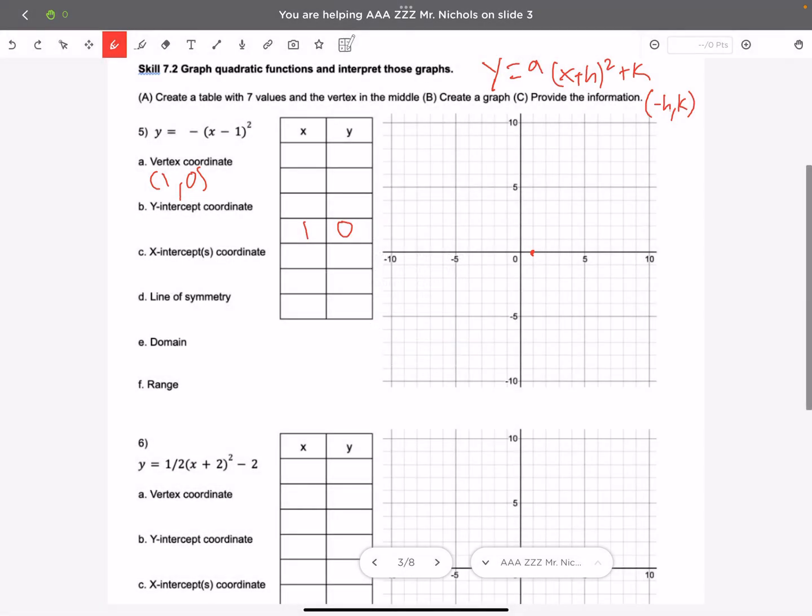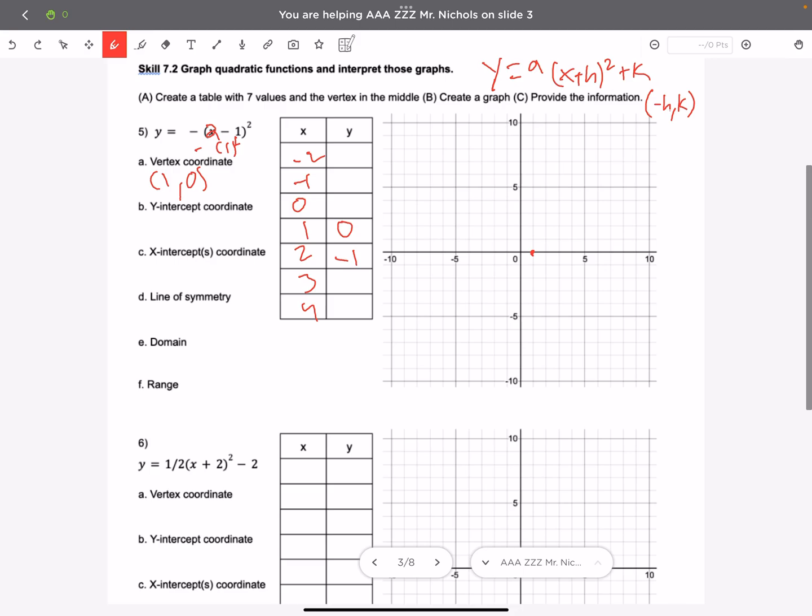All right. And so then as I go up, I can go 2, 3, 4, and 0, negative 1, negative 2. And if I plug 2 in to my x here, I would get 2 minus 1, which is 1 squared. And then that's negative, so this is going to be negative 1.